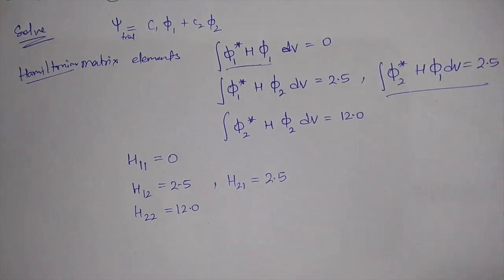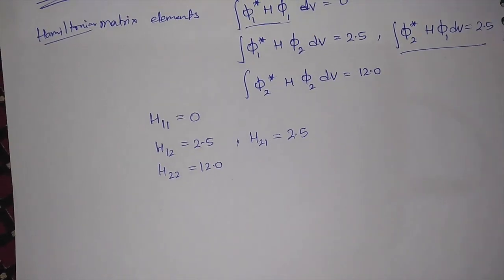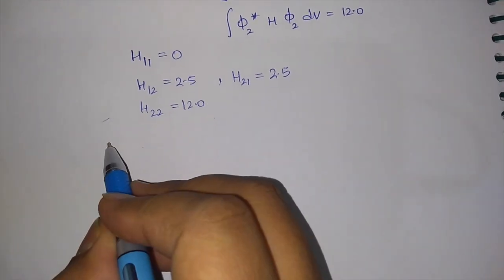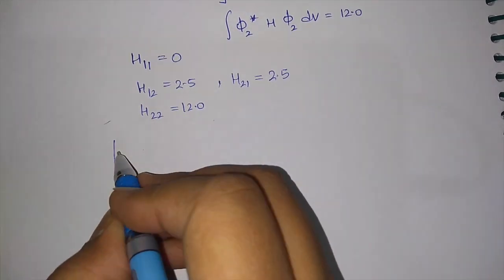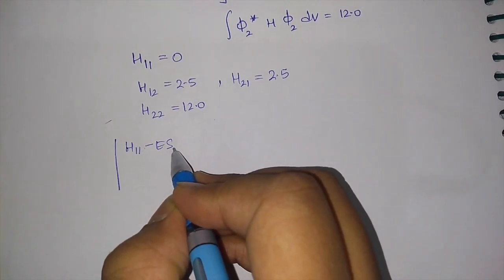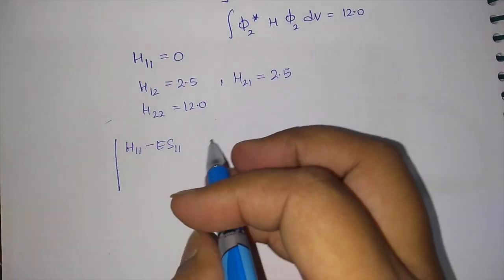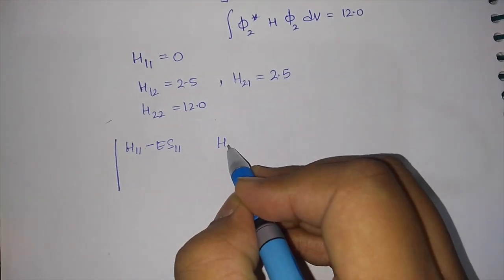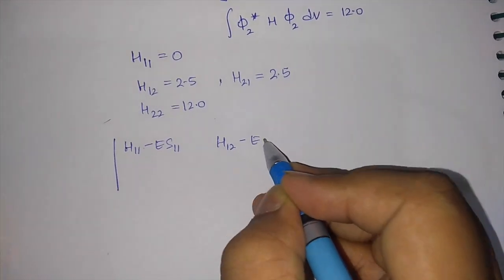Now what we are going to do is put them in the secular determinant. So I'll write down the secular determinant first. It will be H11 minus ES11, where E is the energy which we have to calculate. Then we have H12 minus ES12.